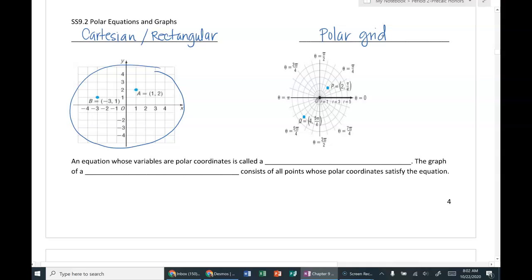So here we go. An equation whose variables are polar coordinates is called a polar equation. The graph of a polar equation consists of all points whose polar coordinates satisfy the equation.